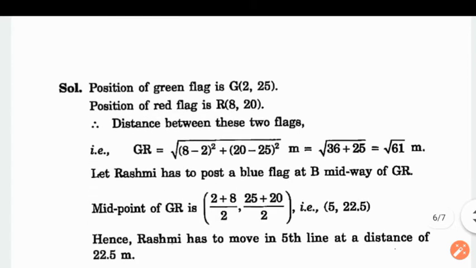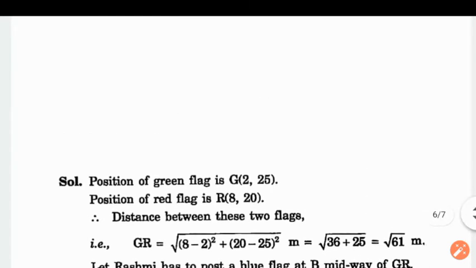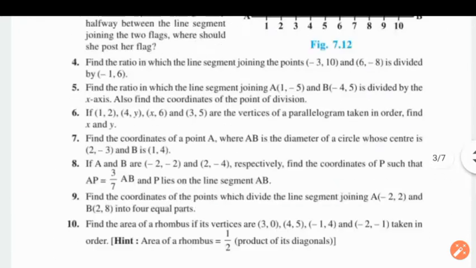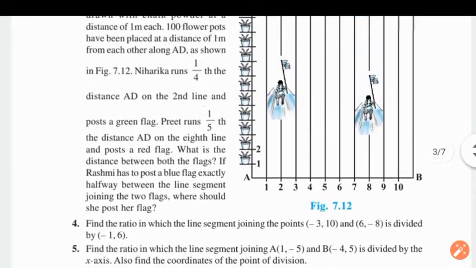Now next sum. So in question number 3, first read. Question number 3.